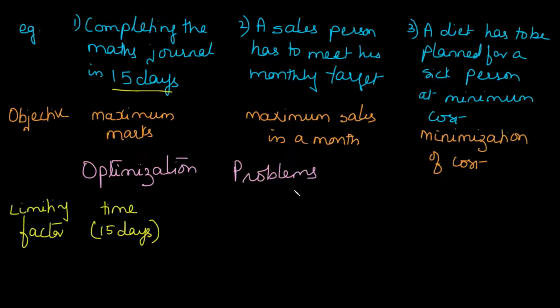In the second case, where the salesperson has to meet his target, again time is a limiting factor because the target has to be completed within the month. And in the third case, money, or the amount to be spent, is the limiting factor.